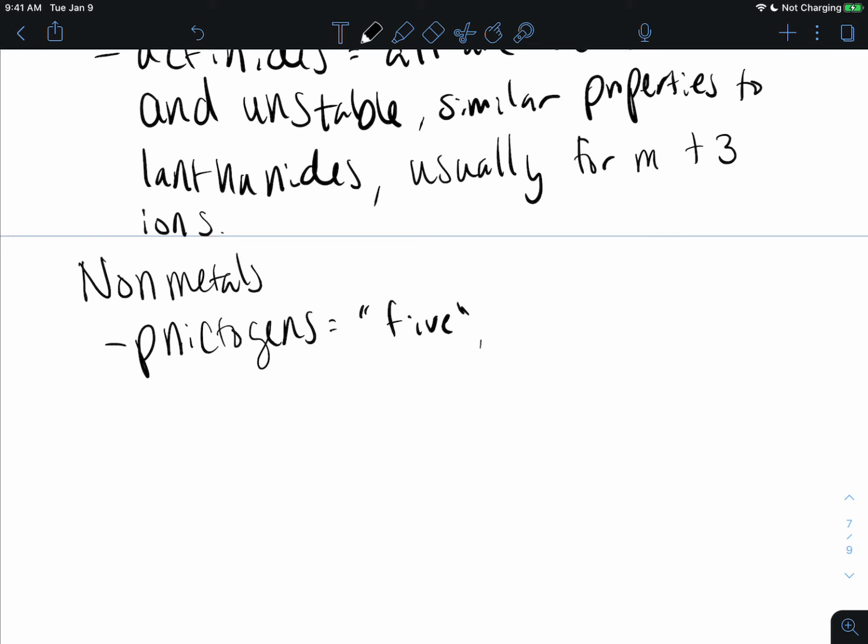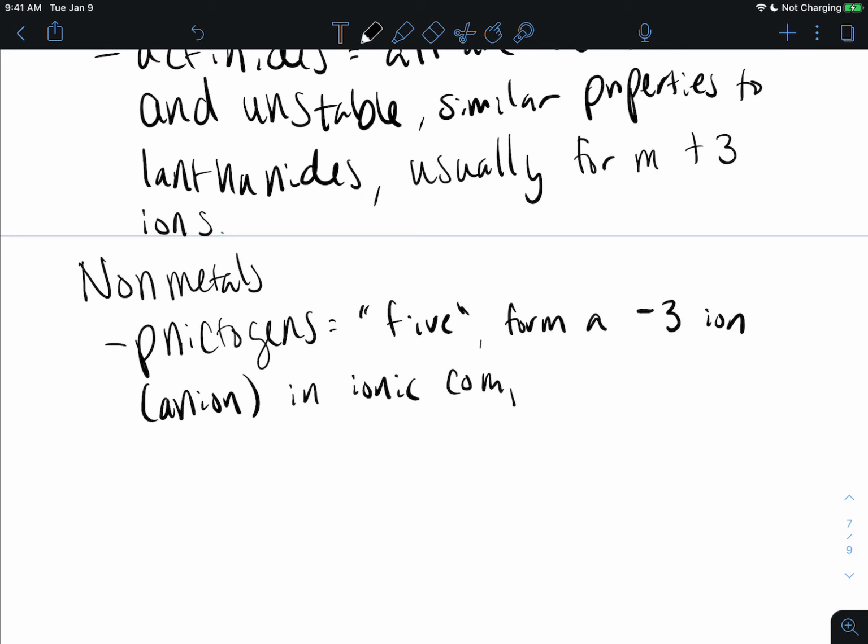Only thing I really want you guys to know today is if we are putting nitrogen or any of our pnictogens in an ionic compound, generally they're going to form a -3 ion. And that minus means we call it an anion. So in ionic compounds, our pnictogens are generally going to be -3.